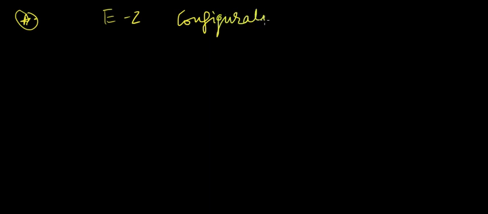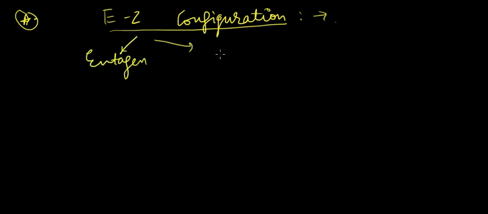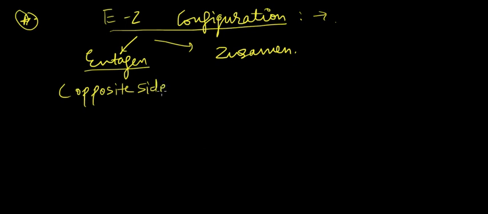Okay, next we will look into the EZ configuration. So what is EZ configuration? I think I have mentioned the EZ configuration in some previous lecture in one or two examples. We will see this in detail here. So E stands for Entgegen and Z stands for Zusammen. Entgegen means bulky groups on opposite sides, and Zusammen means same side.